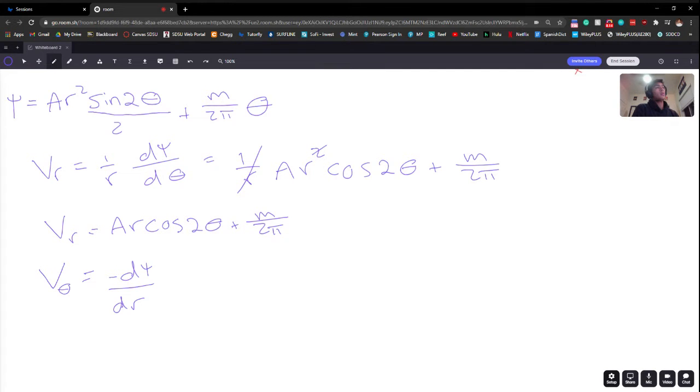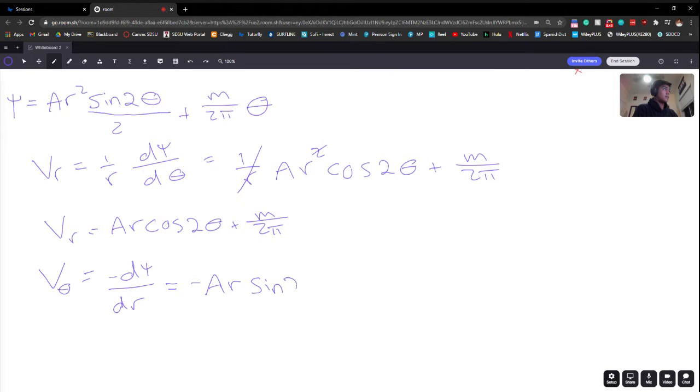So v theta equals negative d psi dr. Taking the partial derivative of the psi equation with respect to r, we get negative a, the derivative of r squared is 2r, which cancels the 2, so it's just r times sine of 2 theta.